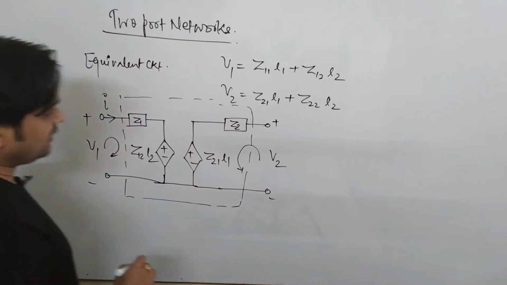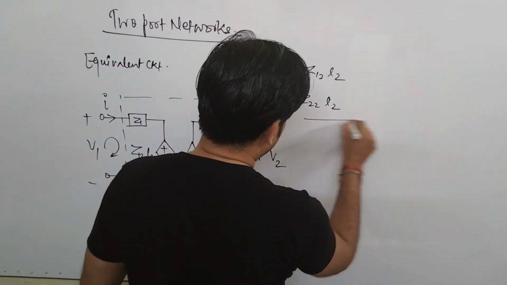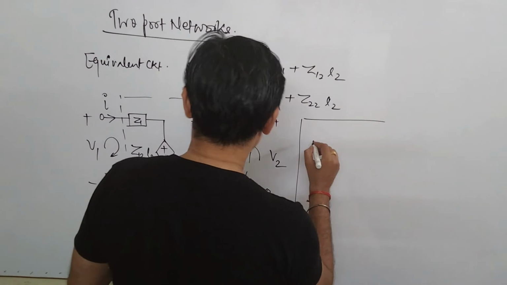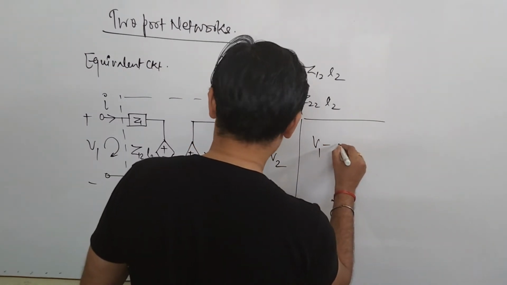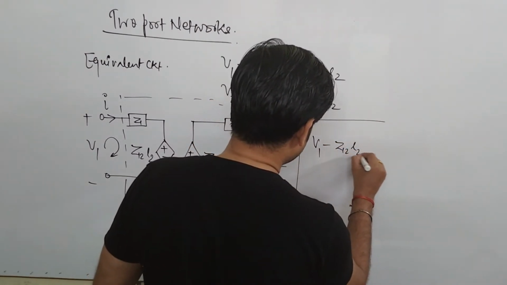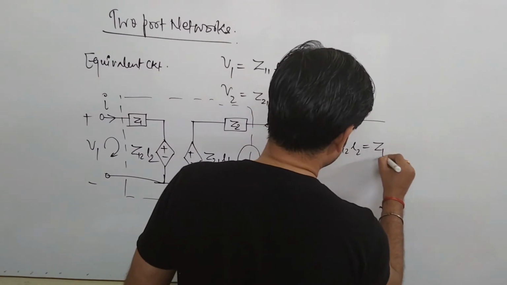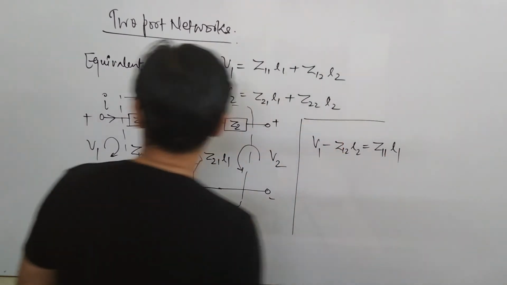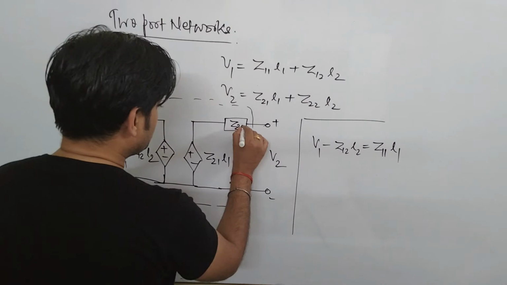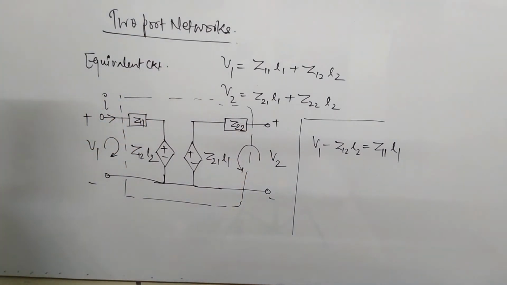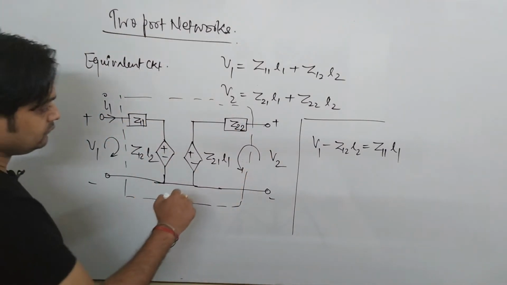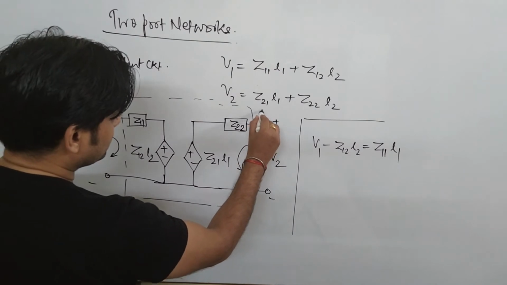If you apply KVL, this comes to be V1 minus Z12 I2 is equal to Z11 I1. This current here is I2.